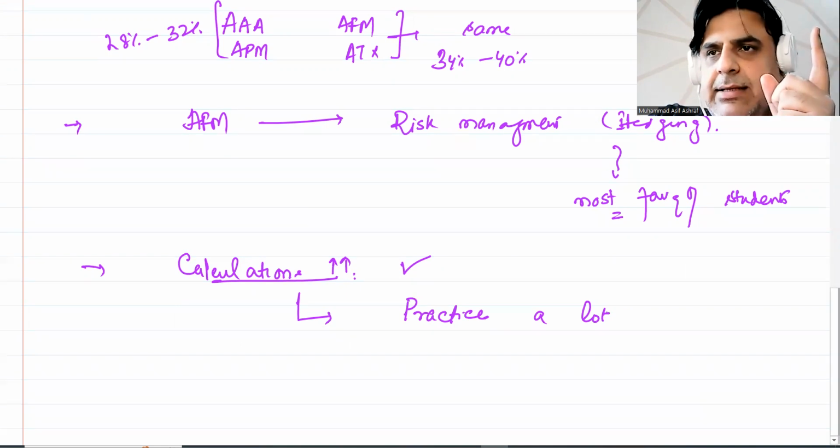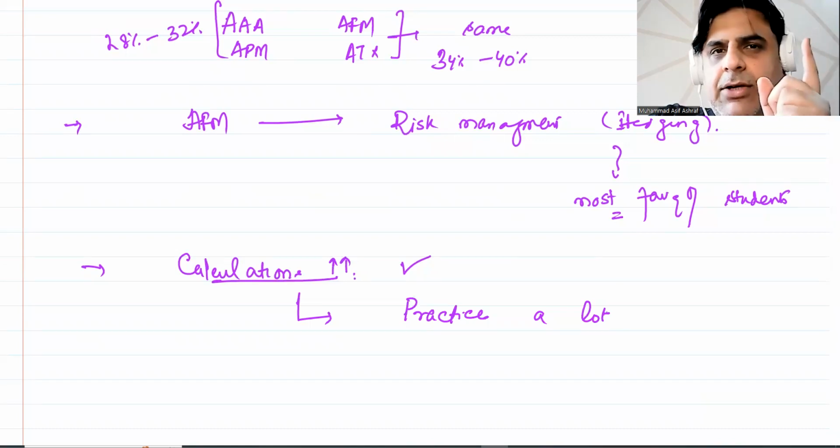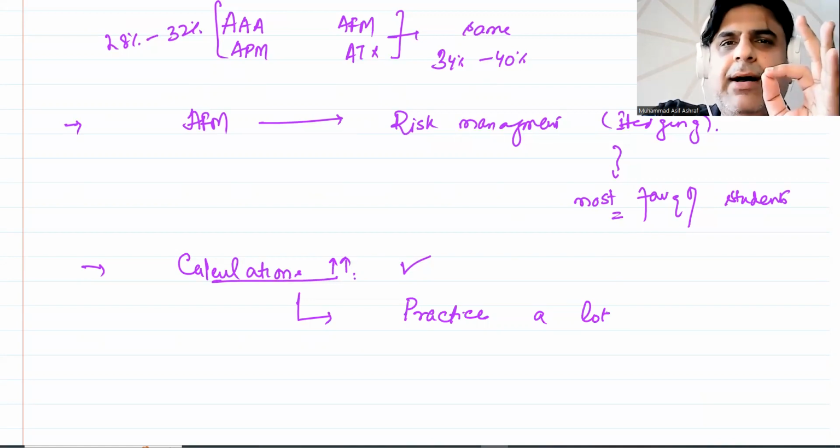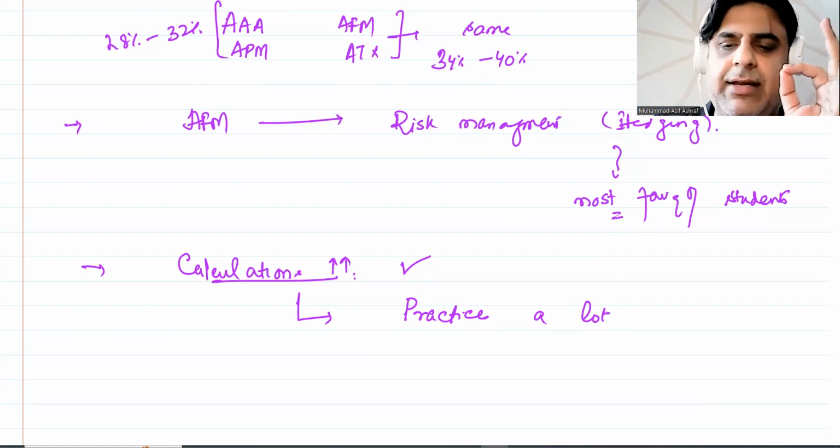For AFM calculations, the only solution is that you have to practice a lot. And from your first lecture, I am giving you this tip: the only way to pass this paper is to solve the maximum portion of your revision kit.